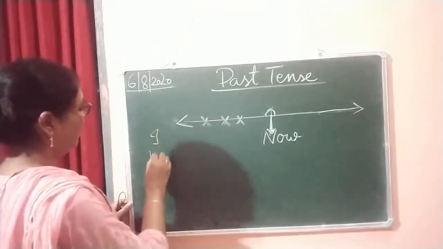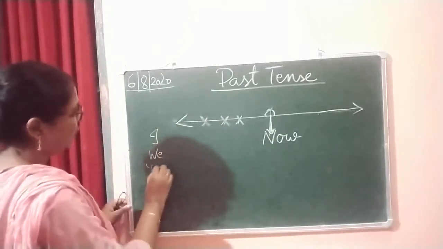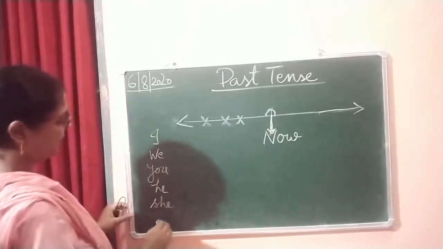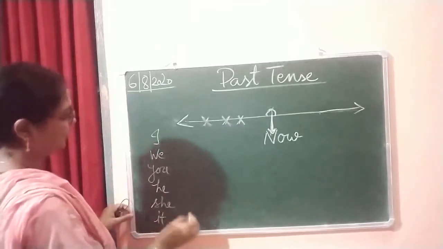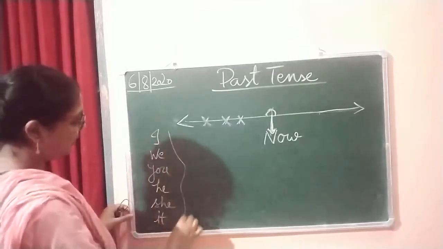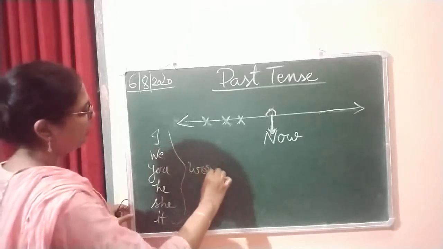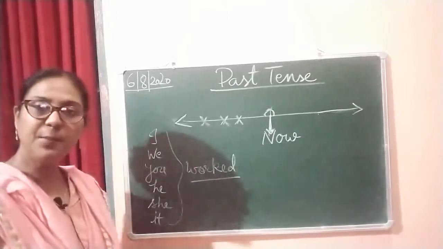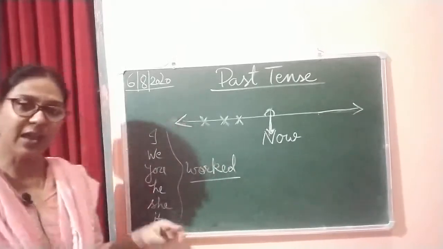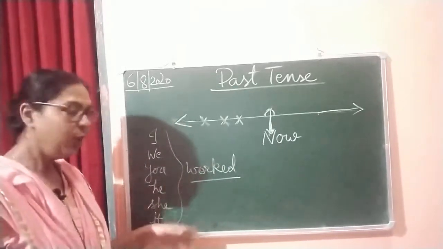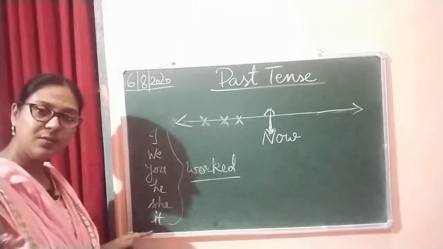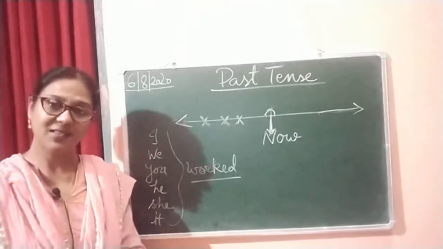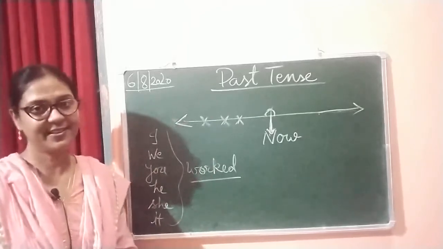I, we, you, he, she, it. And with everything, I have written over here worked. So, in simple past tense, we can add this worked with these pronouns and then we are able to make a past tense sentence.